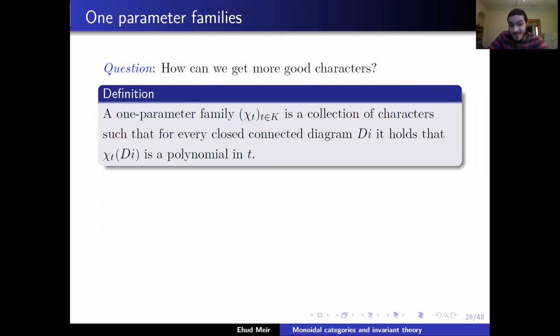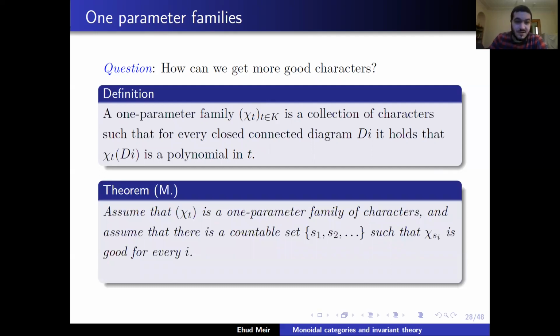A one parameter family of characters is just a collection parameterized by an element T in K, such that for every closed connected diagram D, it holds that Chi_T of D is a polynomial in T. Why do we want polynomial? Because this way we can really apply things from algebraic geometry, and even not so complicated algebraic geometry, just things we know about polynomials in a single variable.